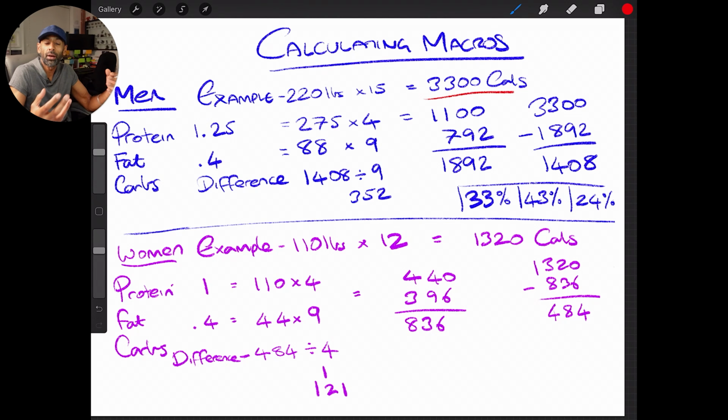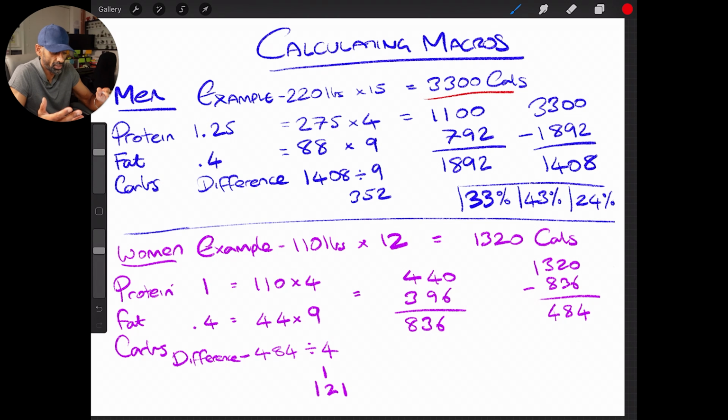Now the protein, how do you calculate that? Generally speaking, some people would do one gram per kilo of body weight. Some people do two, it's up to you. More is better because you want to preserve the muscle and you want to build. So high protein is always good, but generally 1.2 is fine as well, or 1.5.